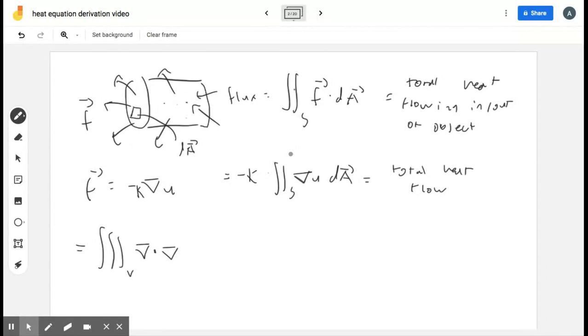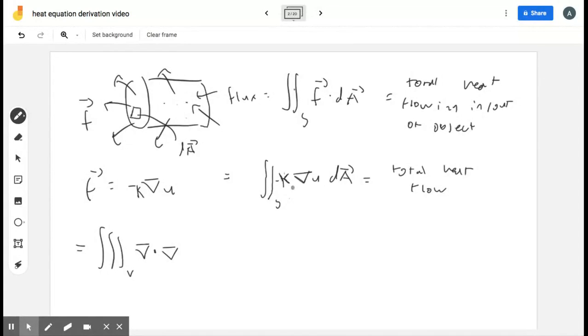We'll actually keep negative k inside the integral, because the thermal conductivity isn't always constant, especially as the temperature changes. Now, for a given range of temperatures, we can treat it as a constant because the difference is so small, but we'll find the general equation and simplify it at the end.